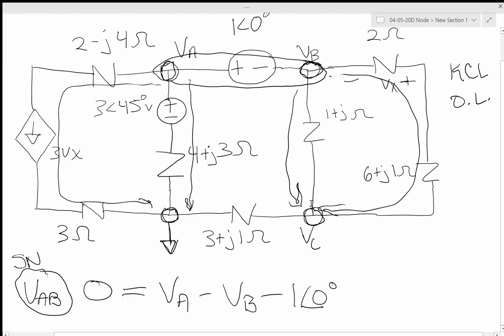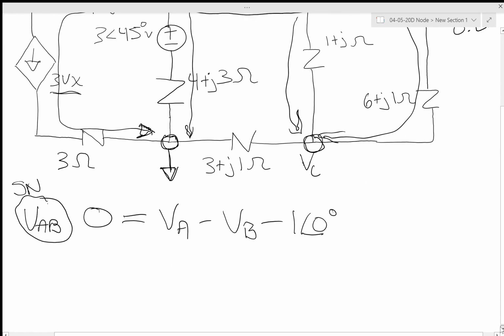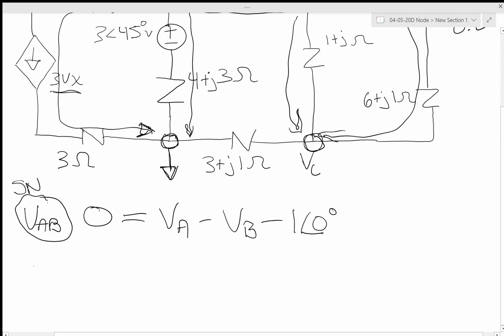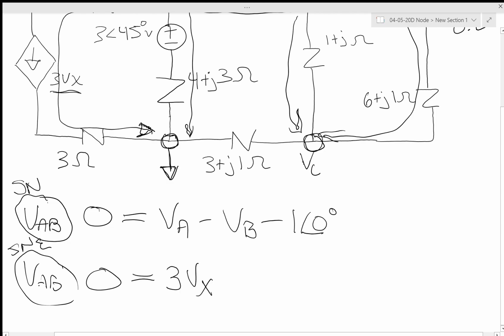Coming out of VA, notice that this 3Vx source is in the same direction as my current. So this is going to be 0 equals 3Vx, because both my current and the current of the source are in the same direction, so it's plus.